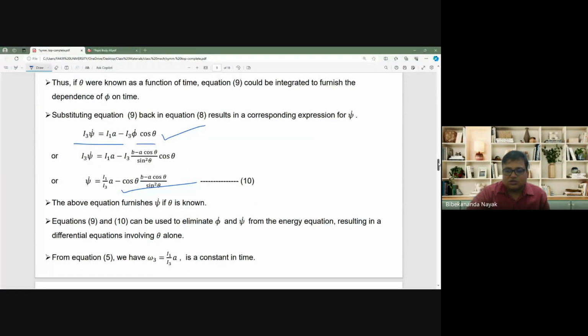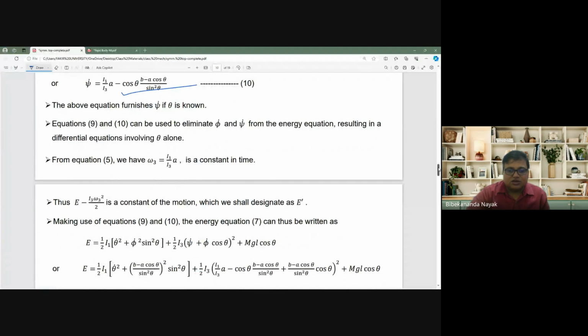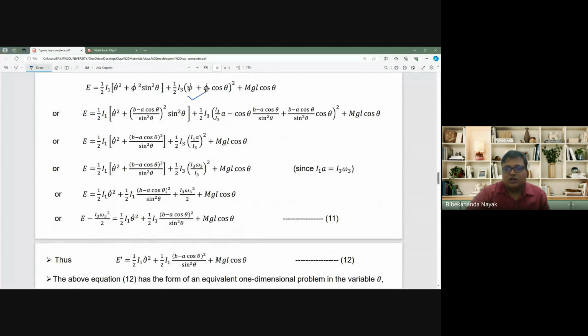And from the energy equation we get the differential equation of theta. From equation 5 we have omega 3, I1, I3 constant in time, thus E is a constant of time. Then you simplify E using the phi dot and psi dot values. Nothing else. The detailed mathematics is given here.